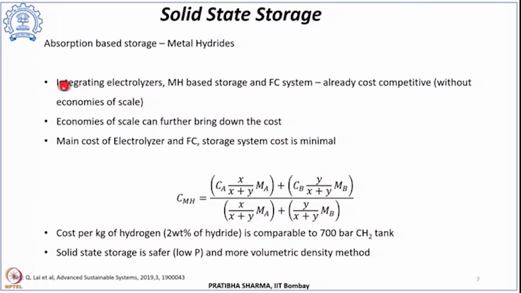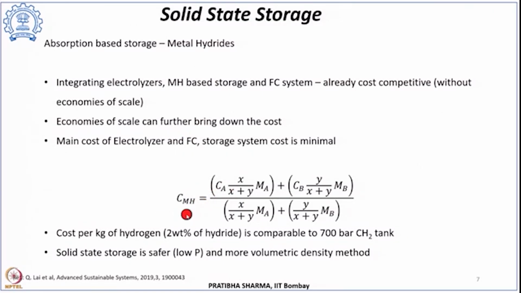It has been found that in such combined systems, where we consider an electrolyzer integrated with metal hydride based storage systems and fuel cell, the major cost components are the electrolyzer and fuel cell. The metal hydride based storage system cost is minimal. We can even find out the metal hydride cost if we know the elements being used and their ratios, the amounts being used.